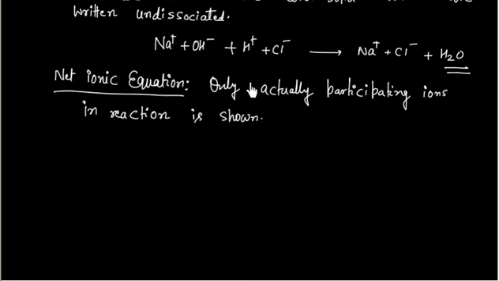If you see the above reaction, I have Cl- on this side, Cl- on this side, Na+ on this side and Na+ on this side, so we can cancel them. Finally, the net ionic equation is H+ plus OH-, which gives you H2O.